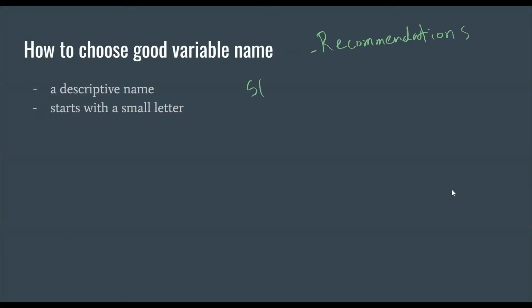So student count, as in the example we've seen before, is a descriptive name. It is clear that this variable is storing the number of students in a class. I can name my variable X and assign 40 to it, then update it to have the value 48, and the program will work just fine. However, this is not a descriptive name.